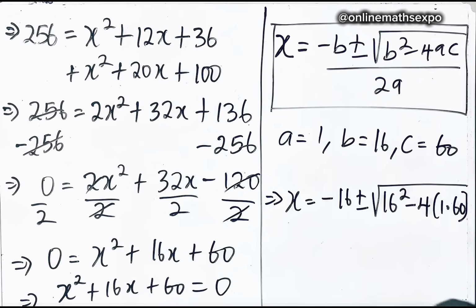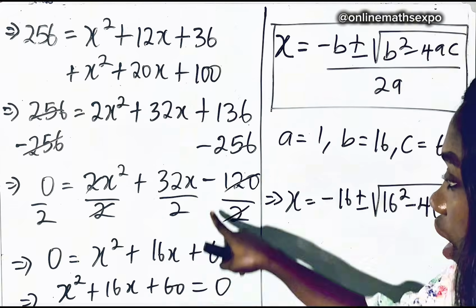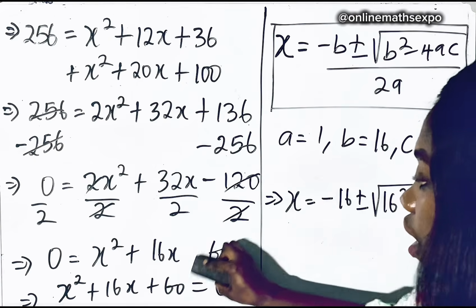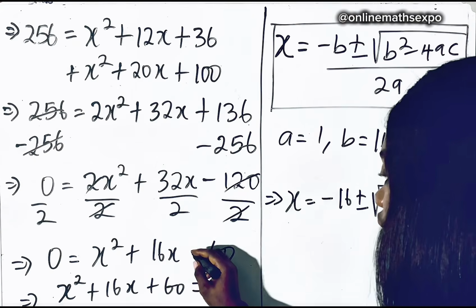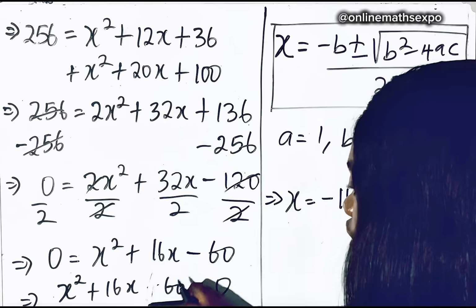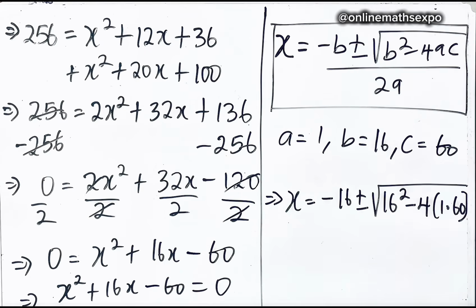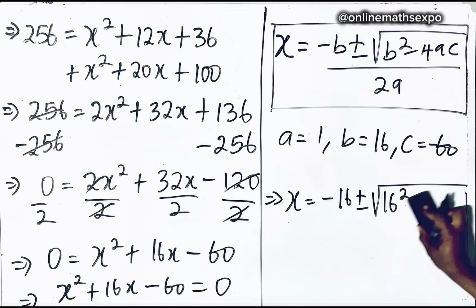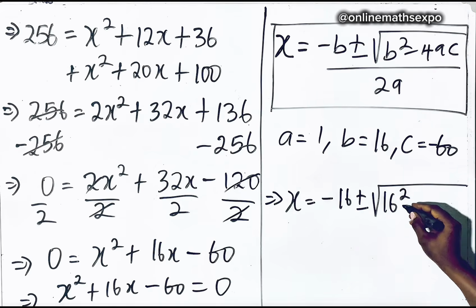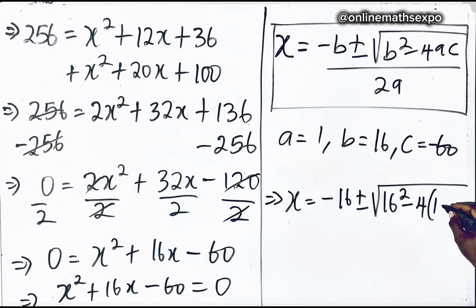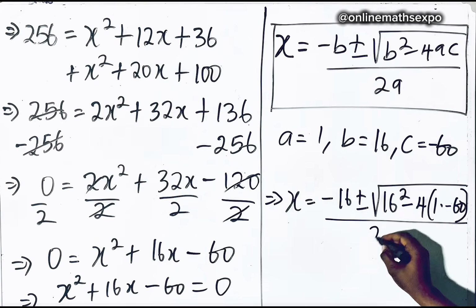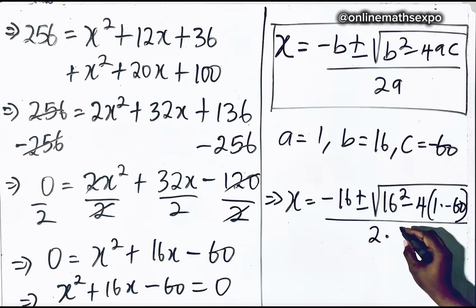So we keep simplifying. Our c here, this number here is negative, so we have negative 60. So it means that our c is negative 60. So let's plug it in rightly, and that's going to give us minus 4 multiply 1 minus negative 60, divided by 2 times our a, which is 1.